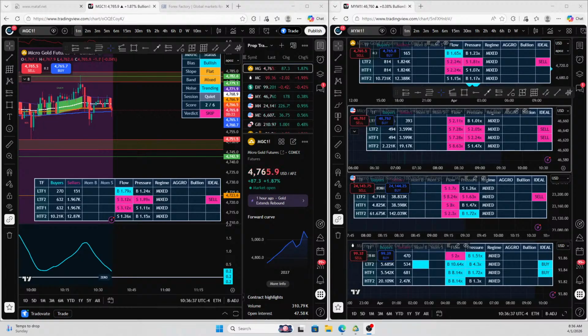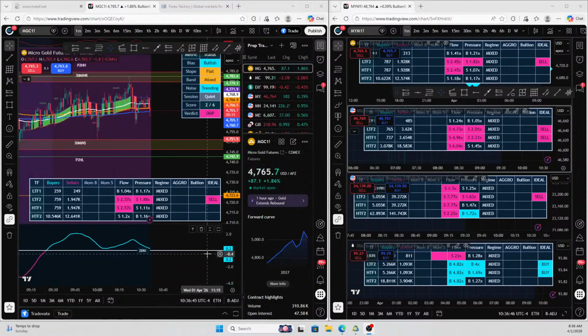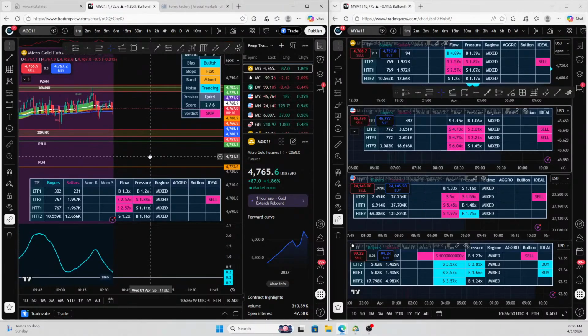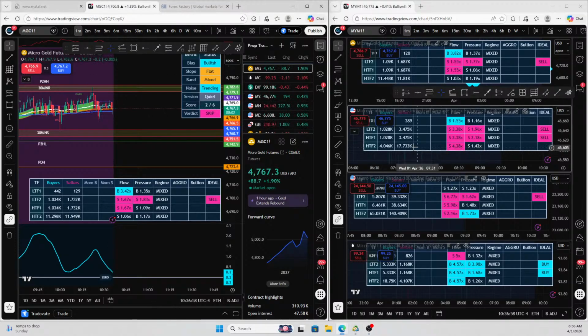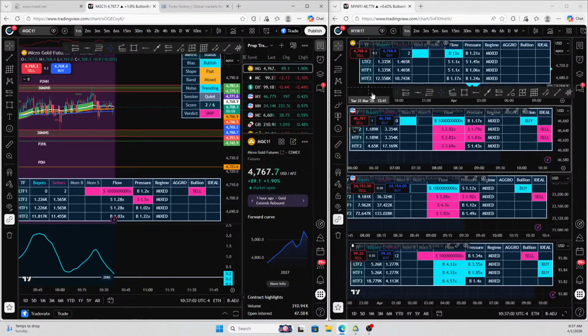Yeah, as you guys can see here, not a lot of volume is supporting any move that's happening in the market right now. And this helps you understand where the volume is flowing in the market.